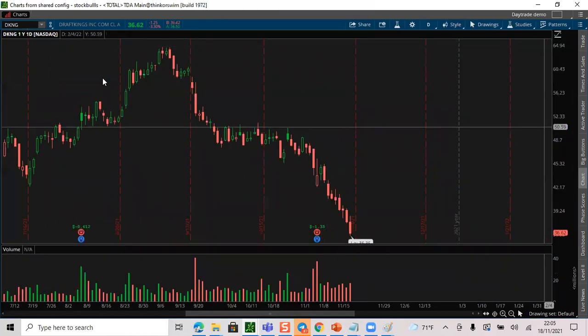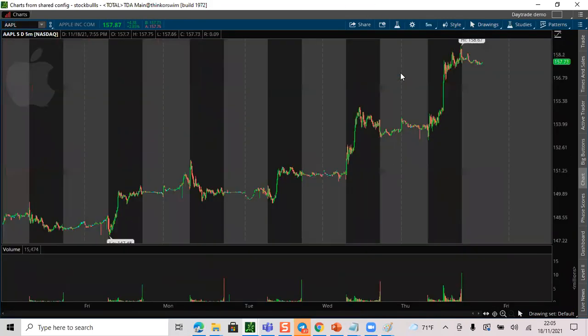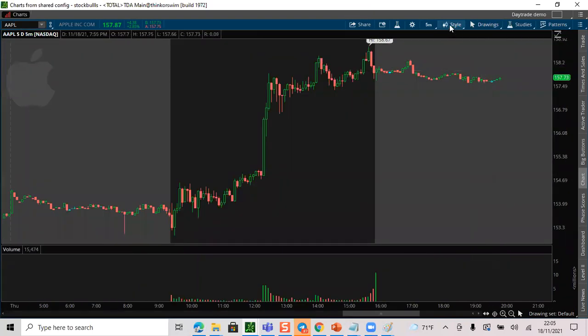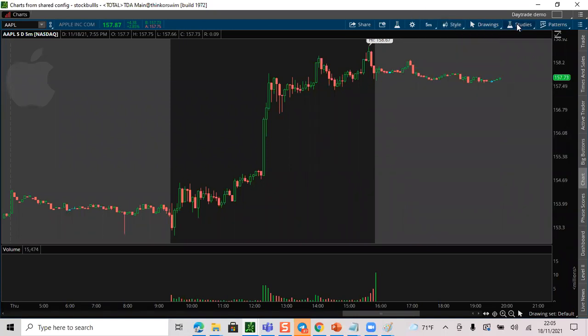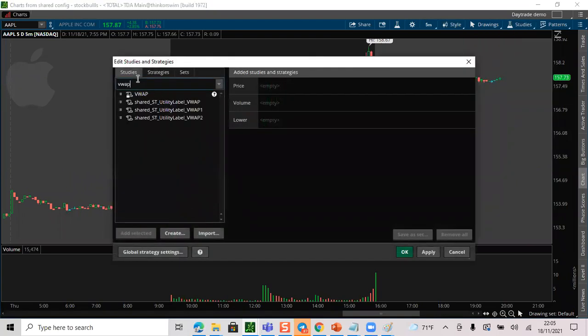I'll remove everything, and I'll just add a 5 minutes chart. Okay, and we can just say it however you want. I'm just using the candle trend, and here I'm going to add a study called VWAP. Okay, I just add VWAP.